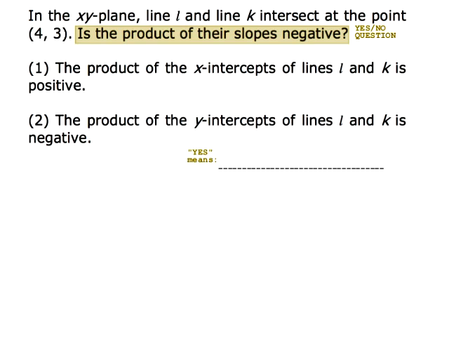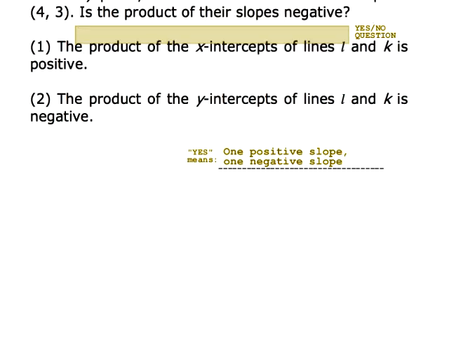A negative product is one positive slope and one negative slope. So that's what you should write. This is one goal. One positive slope, one negative slope. That's the yes case.